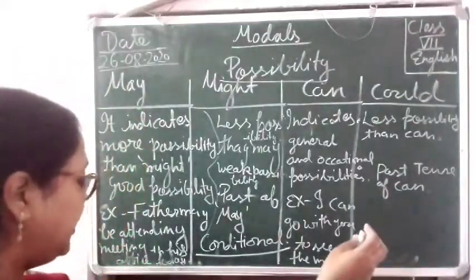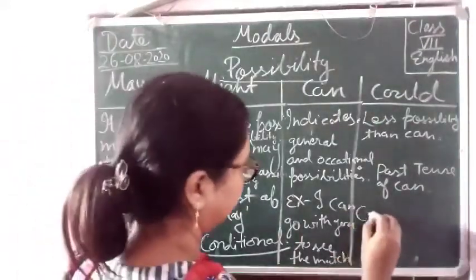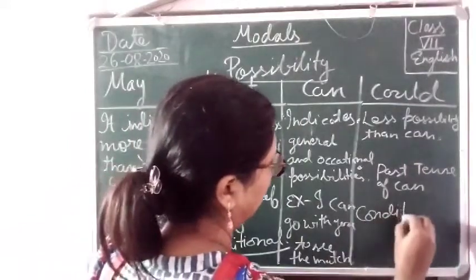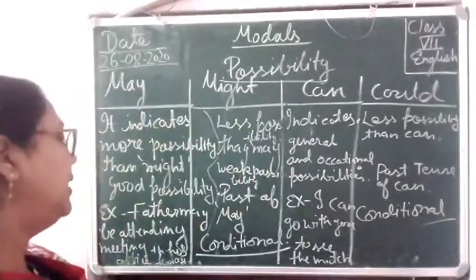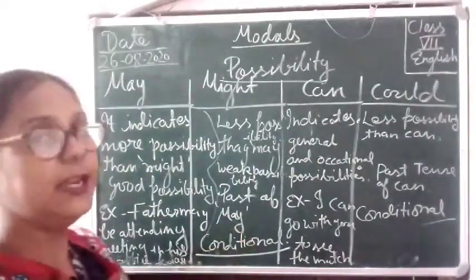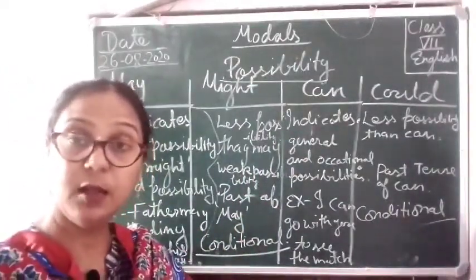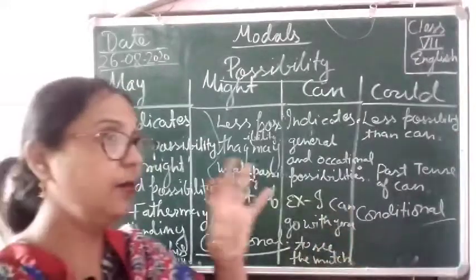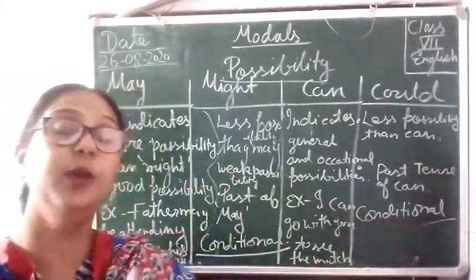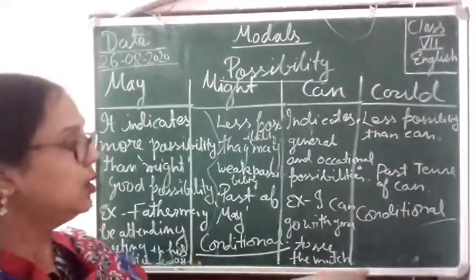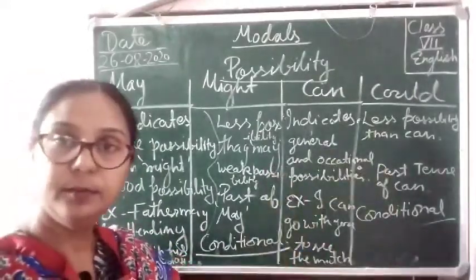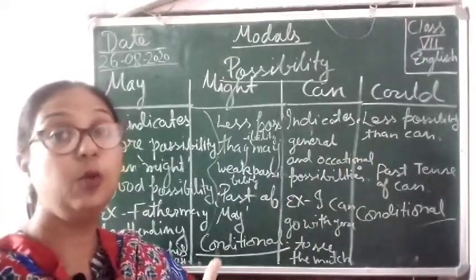And the third point is conditional, as we have discussed about might also. Whenever we are going to express the condition, then we are supposed to use could. If you speak, he could come.